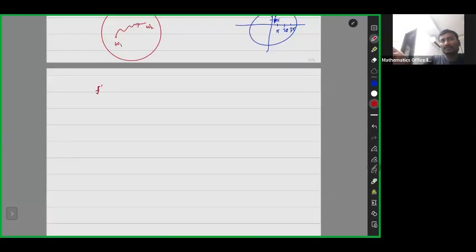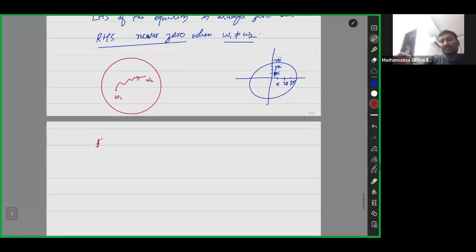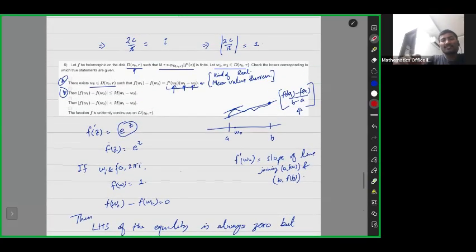I think it is not proved till now, but you will see that complex differentiable functions, or complex analytic functions, are infinitely differentiable.